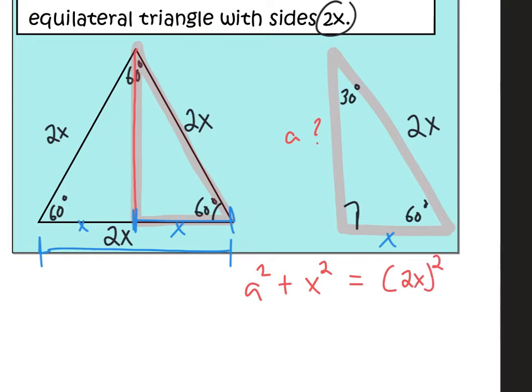If we take 2x and square the whole thing, we get 4x squared. Then, because I'm trying to solve for a, we subtract x squared from both sides. 4x squared take away an x squared is 3x squared.